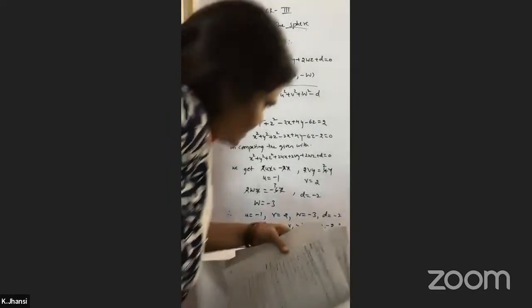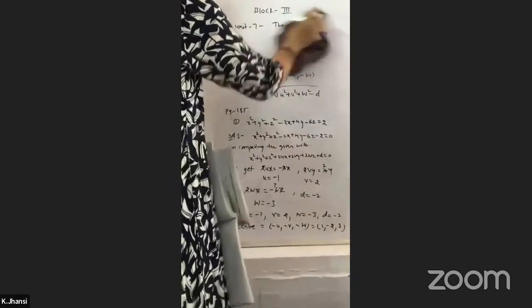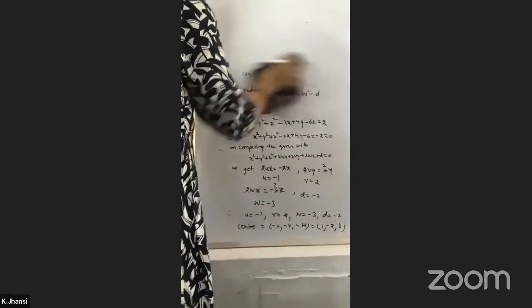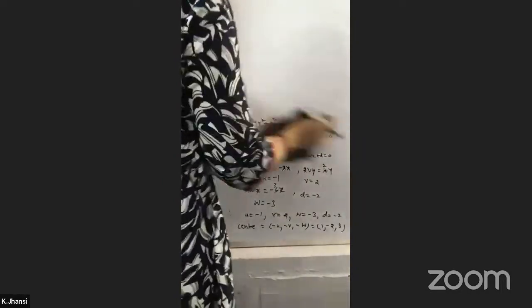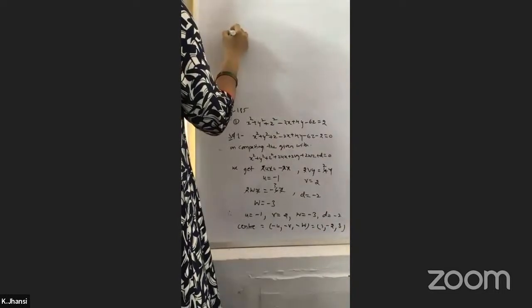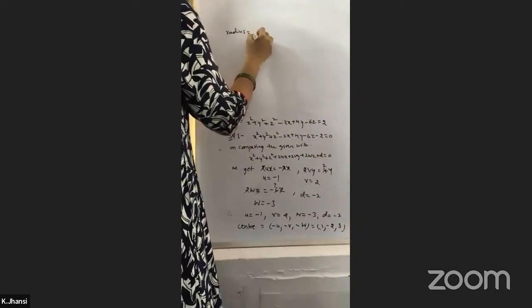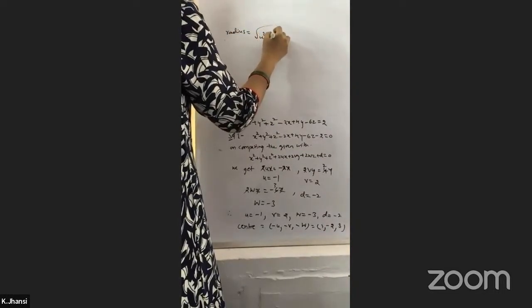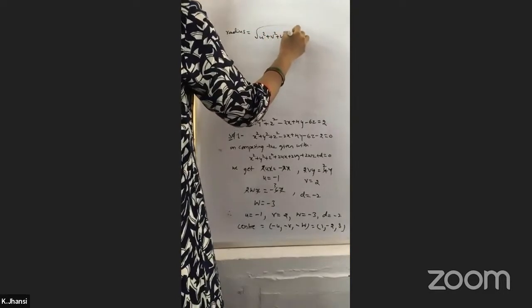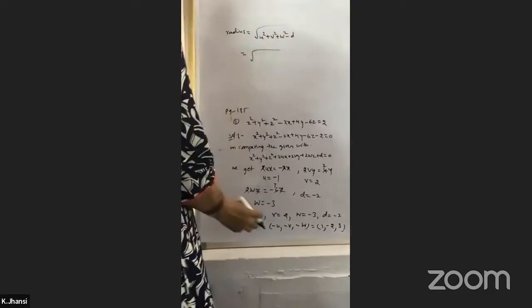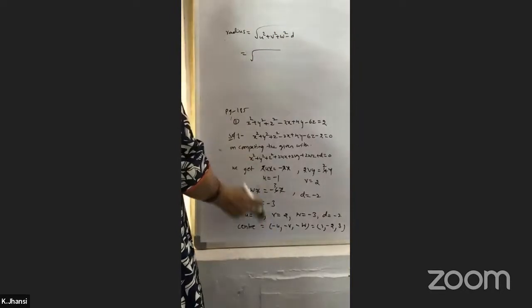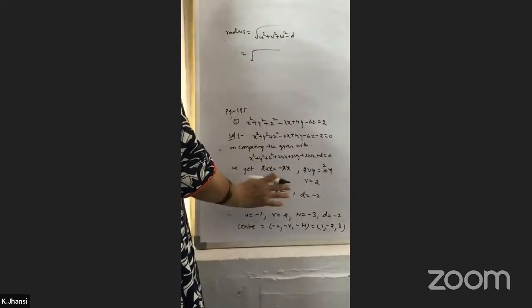Now to find the radius, the radius formula is root of u square plus v square plus w square minus d. Try to write the formulas like this. It is a 5 marks question, so if you mention everything, you will get the full marks.